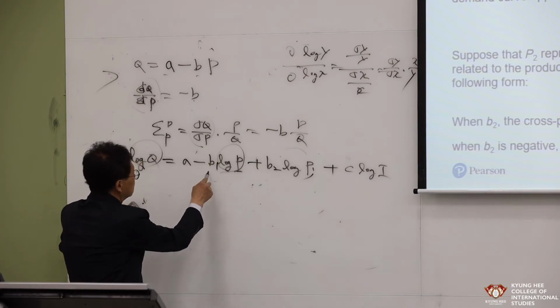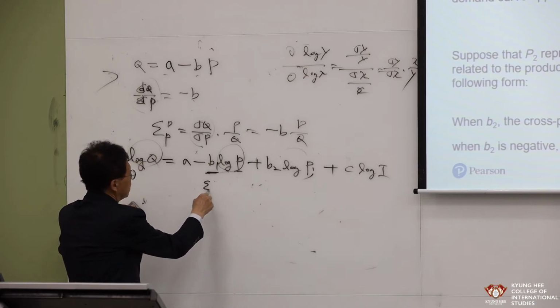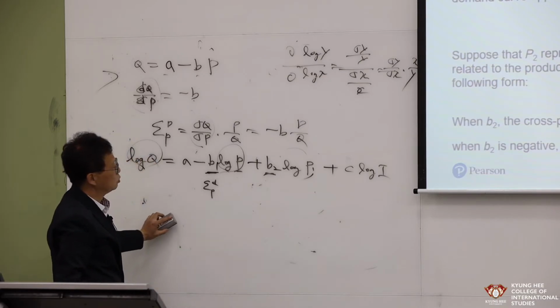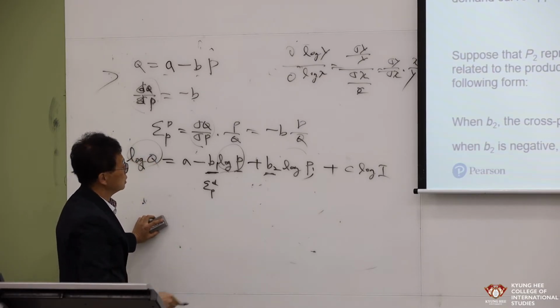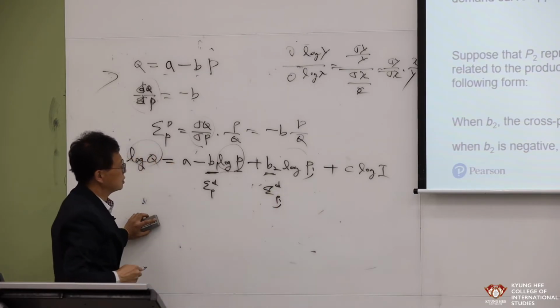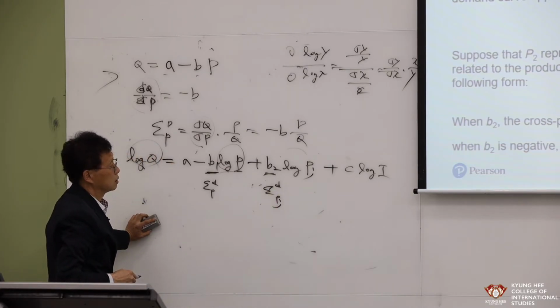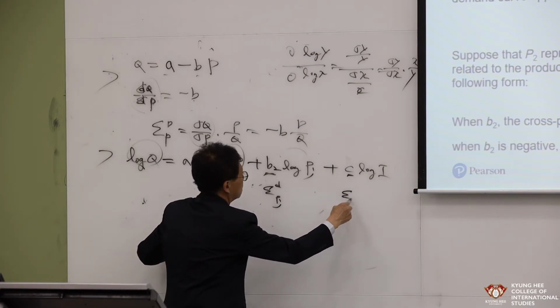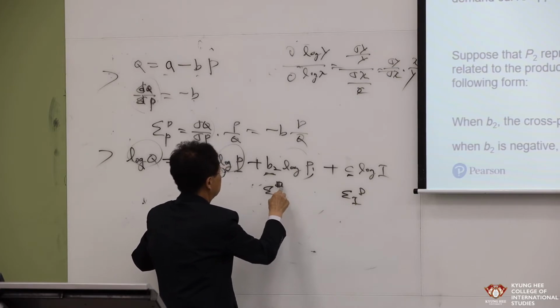Then we know this one is the price elasticity of demand, the fitted value of B2, right? B2 is the cross price elasticity of demand, and C is the income elasticity of demand.